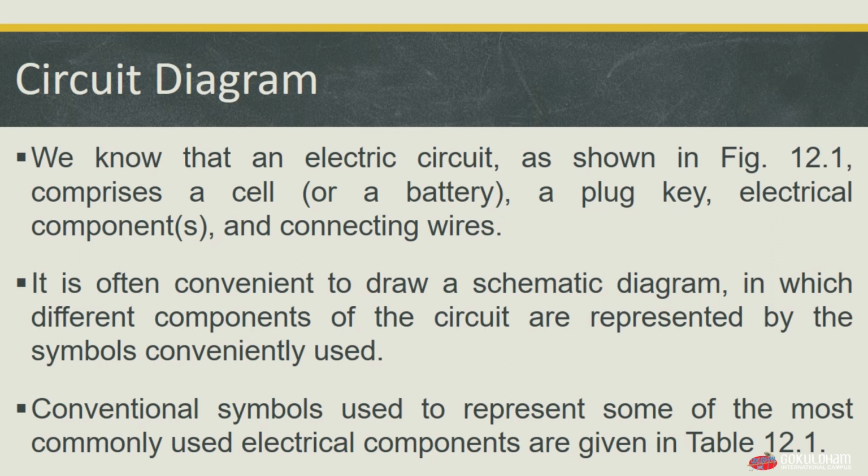Each component is mentioned with a particular symbol, so it is easier for us to understand. Conventional symbols used to represent some of the most commonly used electric components are given in table 12.1, which I am going to show you.